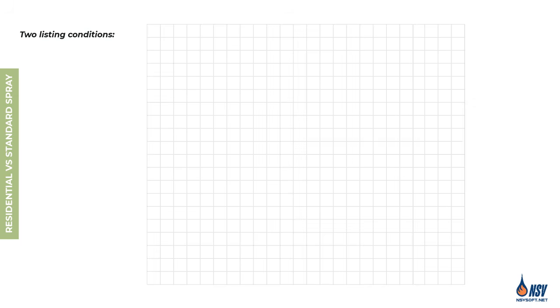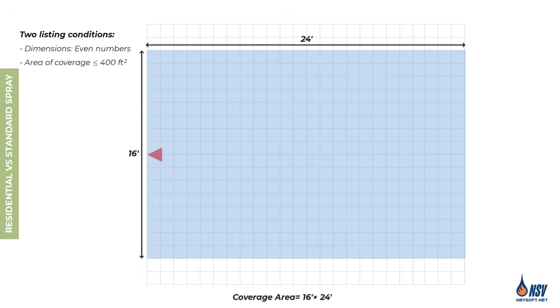It's important to note that the listed spacing of sprinklers must be in even dimensions, and the maximum coverage area must not exceed 400 square feet. As long as the manufacturer follows these requirements, they can list sidewall sprinklers with other coverage areas, such as 16 by 24 feet. Let's return to the relationship between pressure and the coverage area of residential sprinklers.